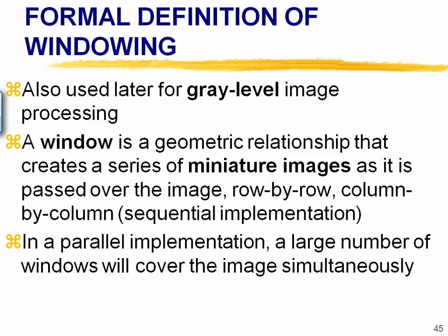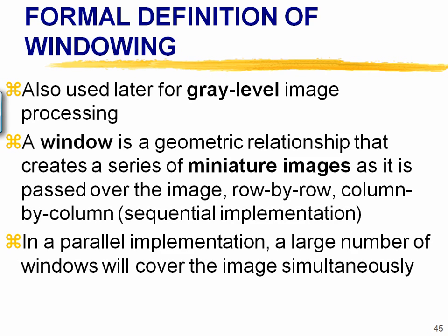You're doing one pixel at a time across the entire image. If you wanted to do this in a parallel fashion, certainly feasible. The only thing is you would have to define windows enough to cover the entire image and run them in parallel. Now, the end product would be identical under parallel operation or sequential operation.